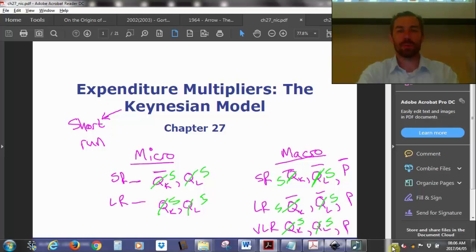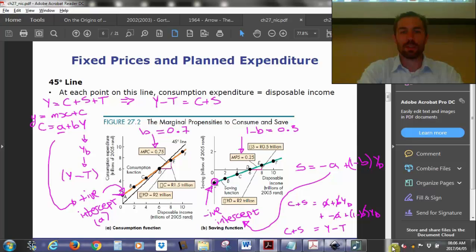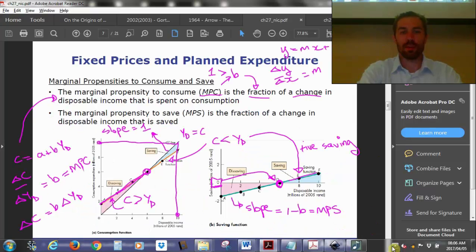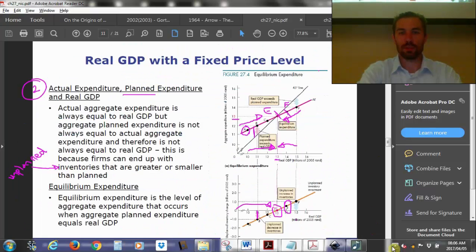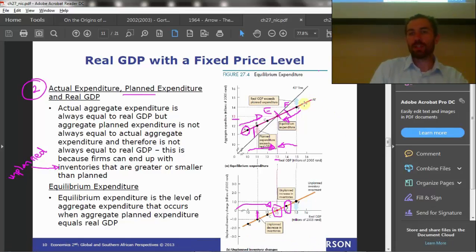Well, equilibrium in terms of our Keynesian cross diagram looks like this. We have aggregate expenditure as a function of real GDP, also being equal to income.